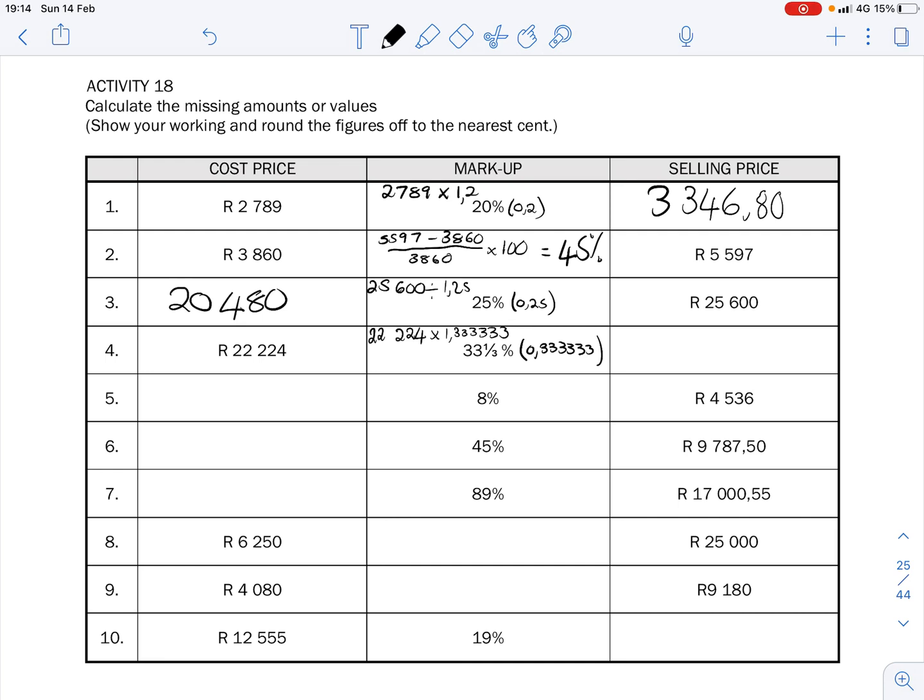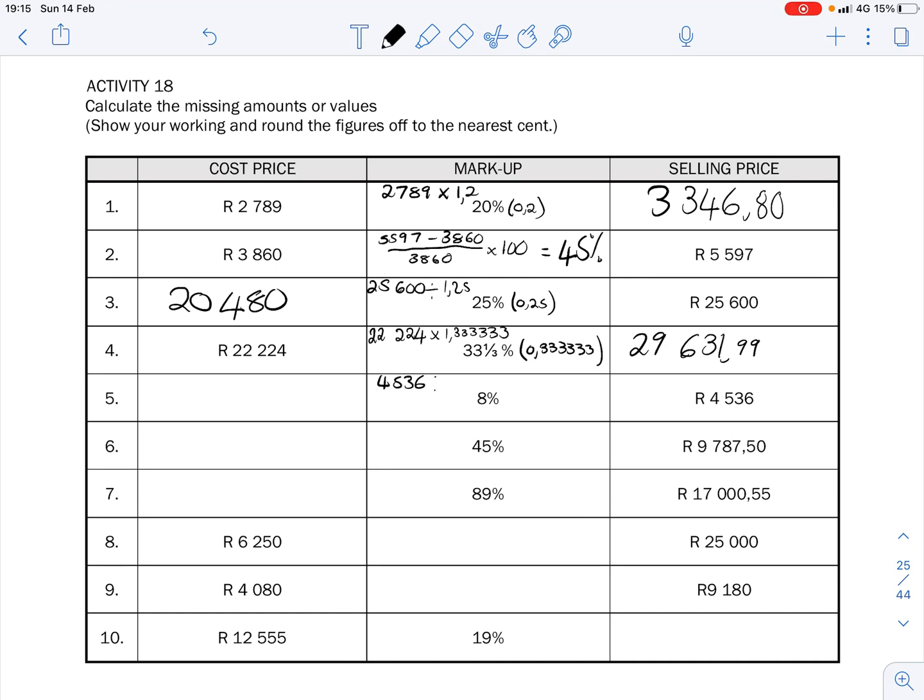Remember, 1 plus your markup percentage as a decimal. Okay? That should give us a selling price of 29,631.99.